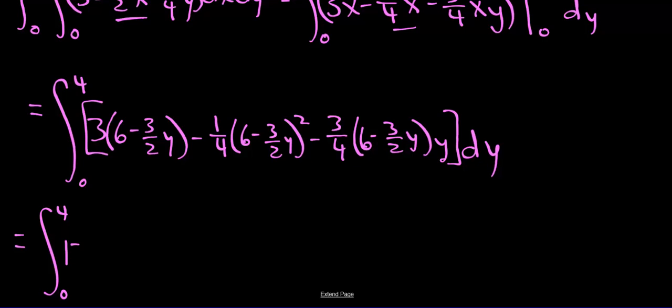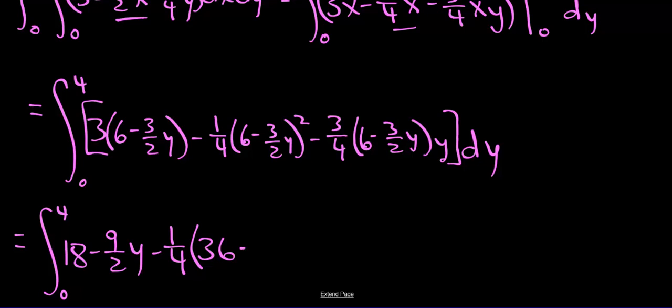So I'm going to get 18 minus 9 halves y. Okay, that's that first one. Minus 1/4, here we got 36. And then 2 times the product, 6 times 3 halves, that's going to be 9, right?